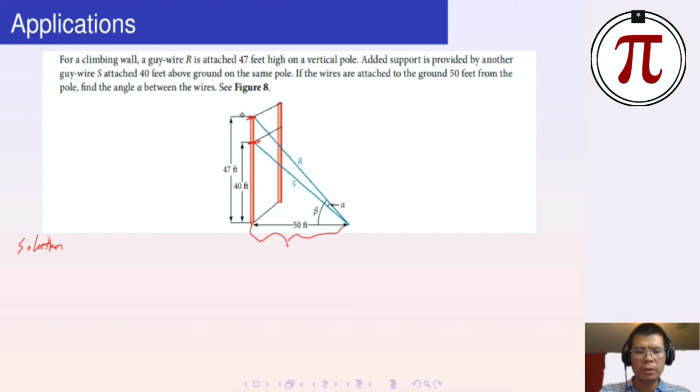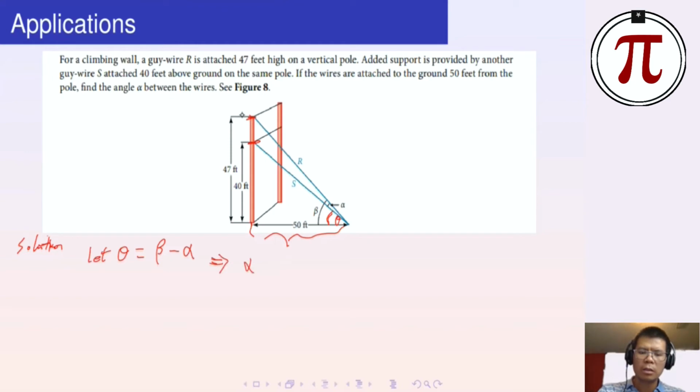Solution. Let's say that this angle is theta. So theta is the smaller one, right? So alpha plus theta is going to be beta. Let theta equal beta minus alpha.